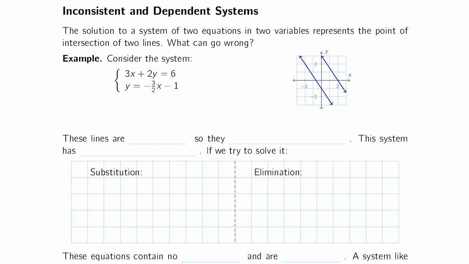The first way that this can go wrong is that we have two lines that don't intersect, as we do in this example. Here we have a pair of parallel lines.